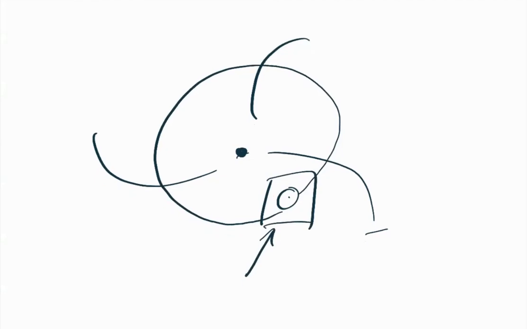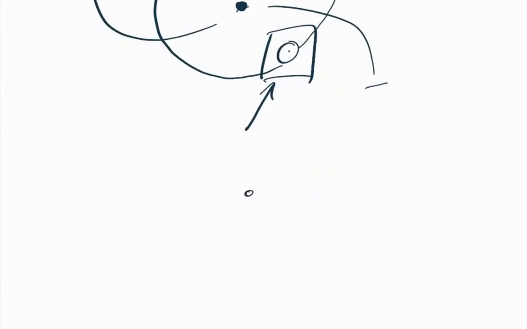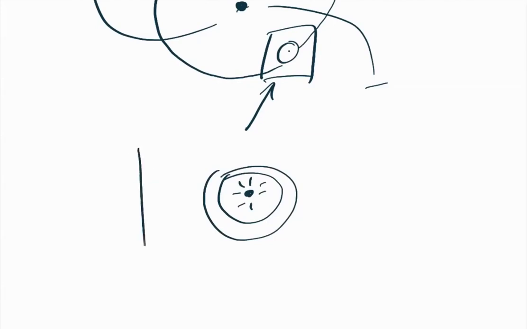And there is something interesting about this region of the galaxy. Let's imagine that this is our solar system. So this is the sun, and we have the planets here, right? Of course, this is not to scale. The dimensions are completely wrong, but anyway.